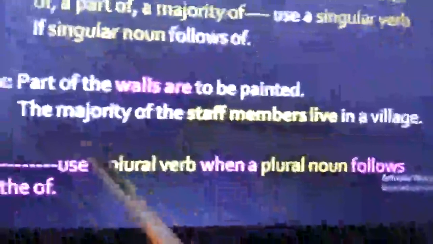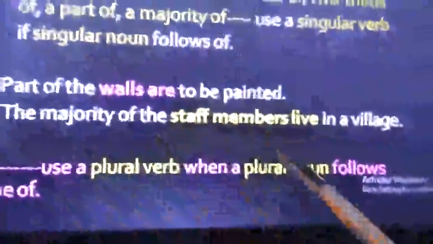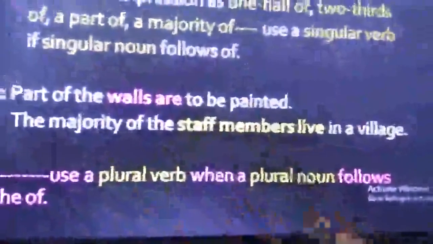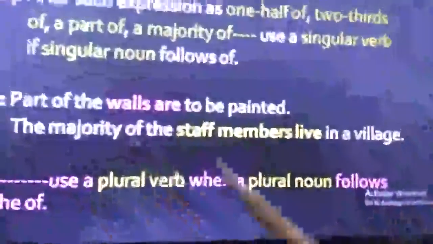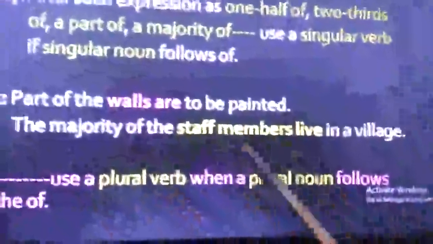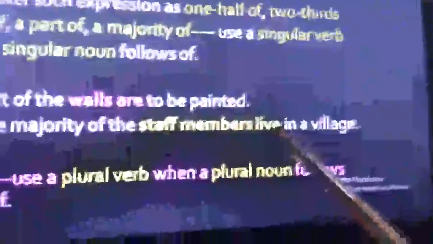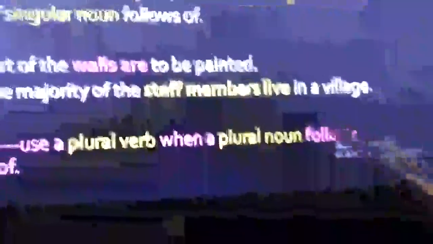See in the next example, the majority of the staff members. Of course, this is the whole expression, the majority of the staff members is plural again, and so the verb which follows the staff members is in plural form. The majority of the staff members live in a village.